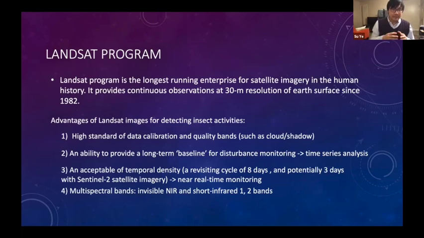And if trees have water stress, it's very likely caused by insects, right? Also probably caused by drought, but most likely it could be insects. So that's another advantage. The last but not the least is that it's free, and who will deny a free lunch? Okay, so that's the reason we choose Landsat.